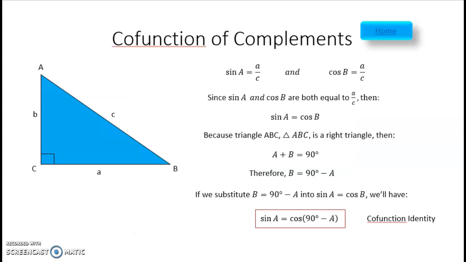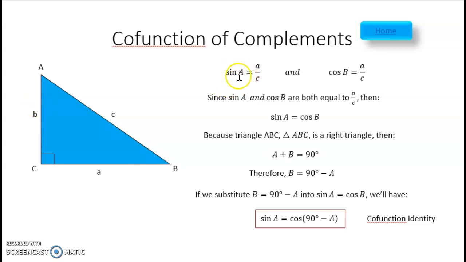Now something called cofunction of complements. If I take this right triangle right here, I'll label it A, B, and C. So this C most of the time represents your 90-degree angle. And then opposite of our angle C is side C, opposite of our angle A is side A, and opposite of our angle B is side B, okay?